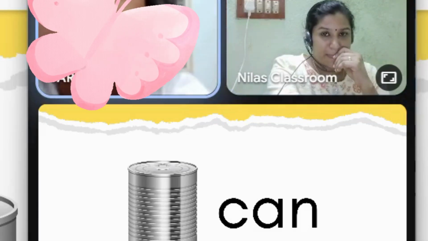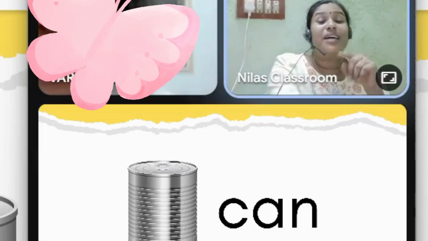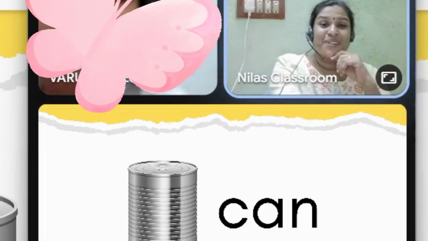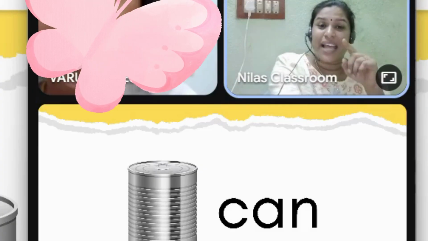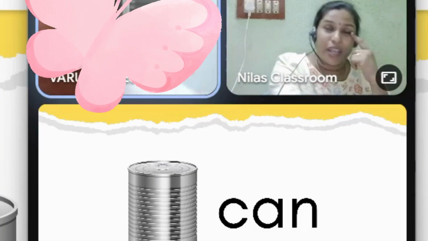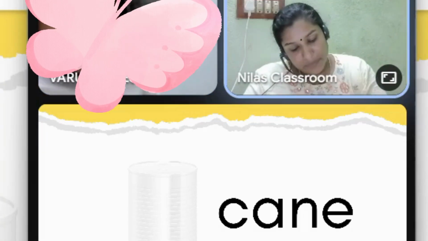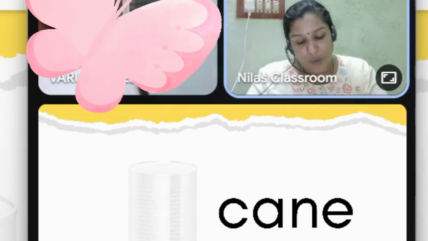Now try to read this one. K, a, n. What is the sound of n? Can. Don't say na, okay? Can. Yes. So when E comes at the end of the word, what will happen?